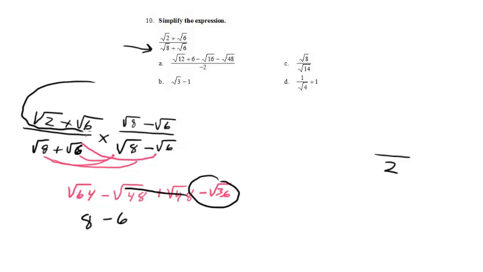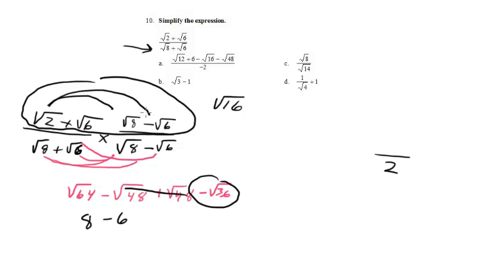Up at the top, now I got to do this, distribute this, use FOIL. So I've got square root of 2 times square root of 8 is square root of 16. And I have square root of 2 times the square root of negative 6, which is minus the square root of 12.